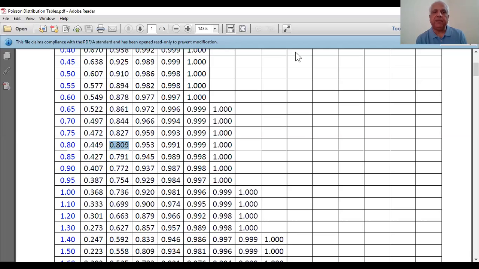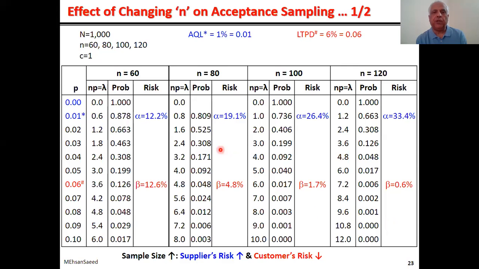So back to the previous screen, 0.809, remember that is the figure, and you find 0.809 here, which gives us alpha risk of 19.1%, then 7.736%, alpha 26.4%, alpha 33.4%.